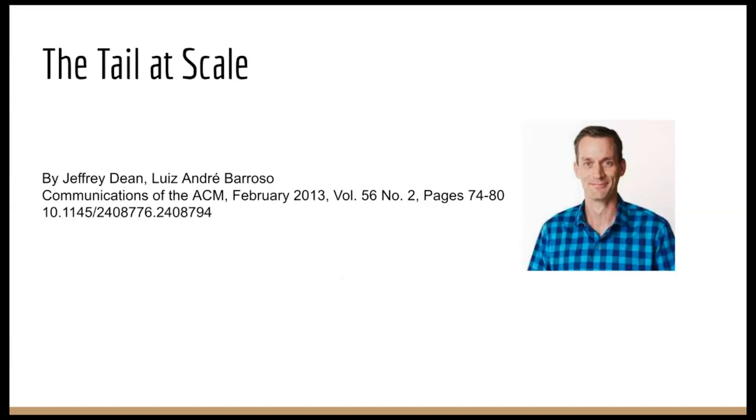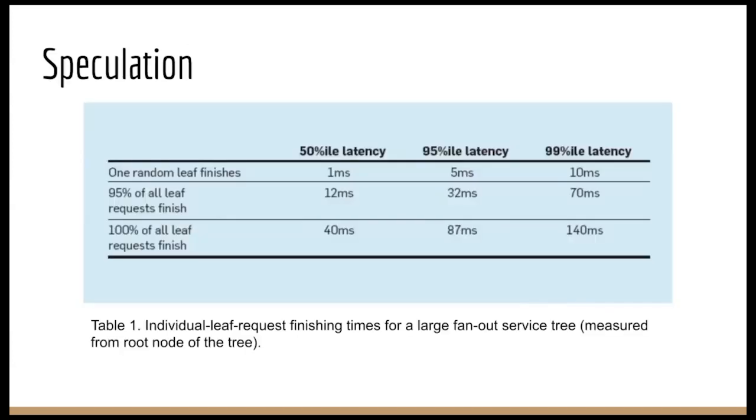For example, when we have massively distributed computation, chances are that one of the nodes is going to be struggling, and because of that we end up with very high latencies for higher percentiles. And to fight that, we can employ speculation.